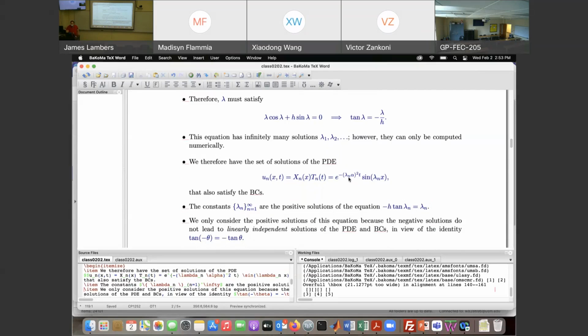And if I replace lambda n with minus lambda n in here, the exponential part will stay the same. The sine part will be negated. So you just negate the solution. It still satisfies the PDE and boundary conditions, but it's not linearly independent. In other words, these negative lambda values would be redundant. There's no need to incorporate them into our overall solution formula. So that's why we stick with the positive solutions.